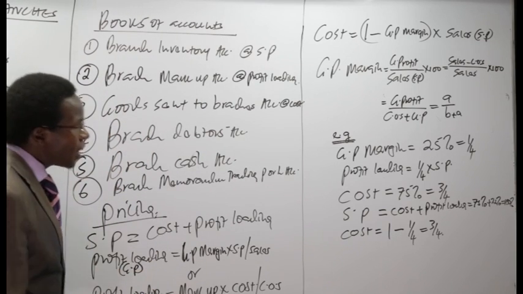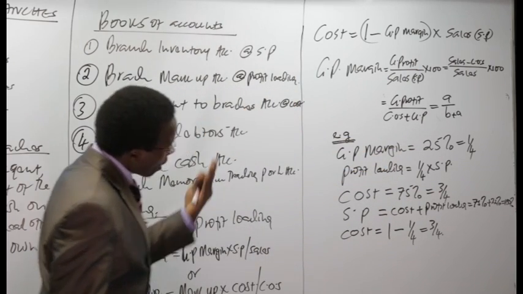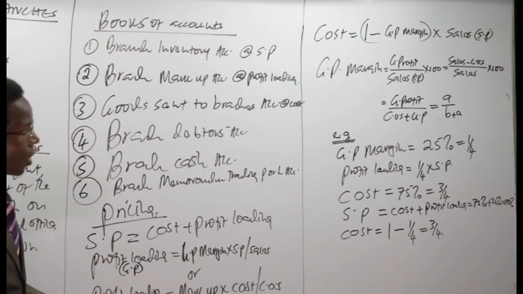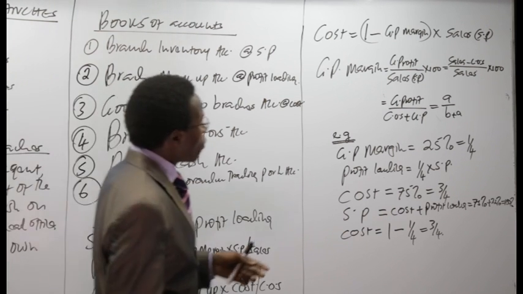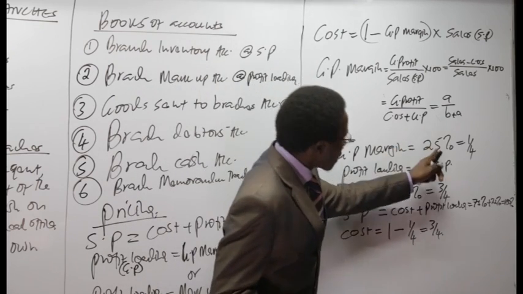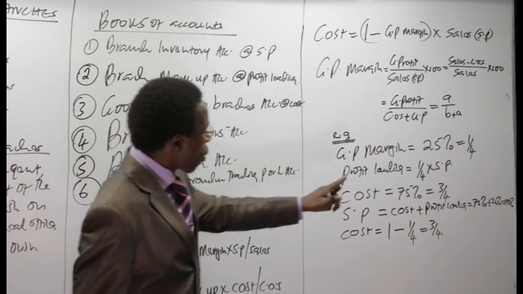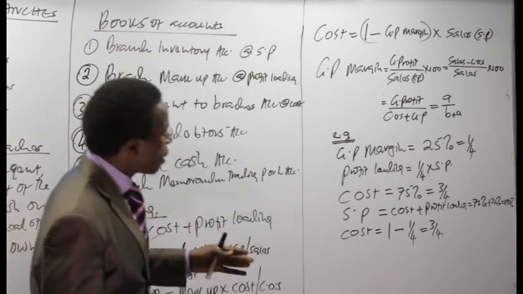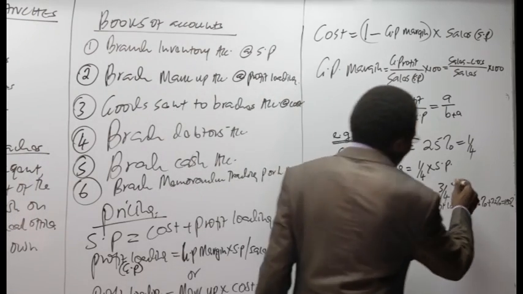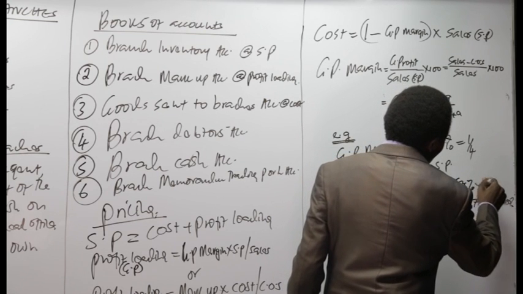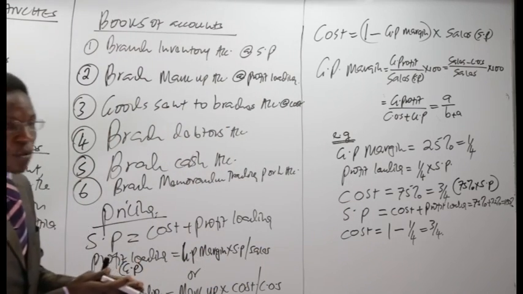That's very easy. You should know that if you have been given a margin, you can come back to the markup. If you're given a margin at 25%, for example, then the profit loading is a quarter of the selling price and our cost will be 75%. If you want to get the cost price, you take 75% multiplied by the selling price, which will give you the cost.